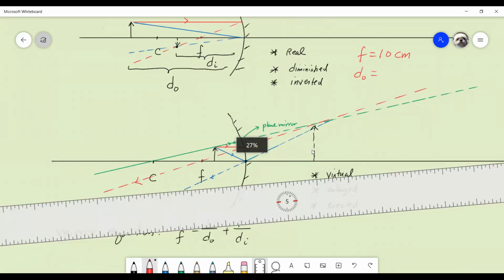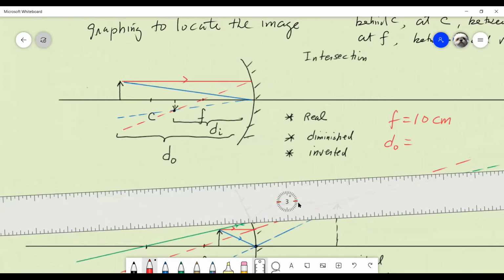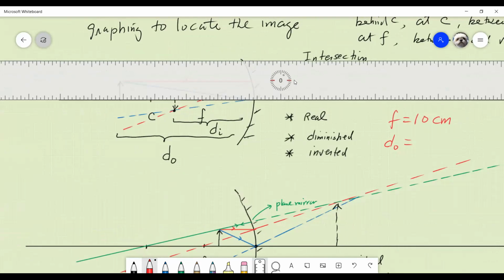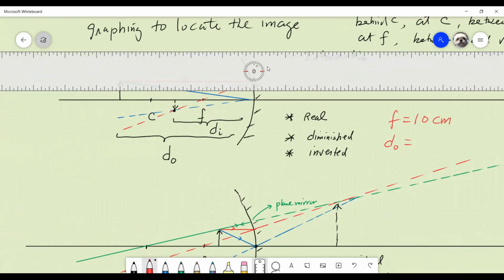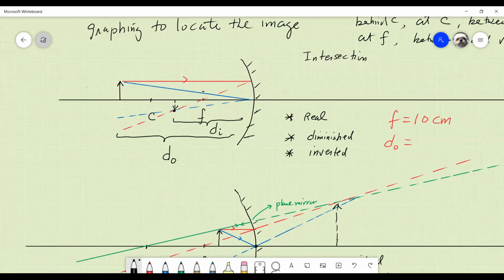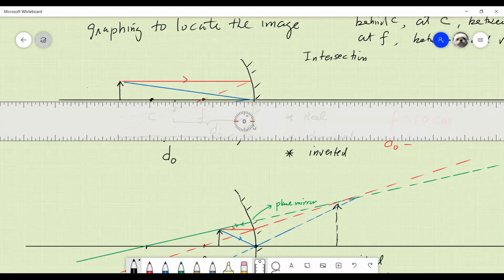I'm going to zoom in and mark this with a dot, so it's easy for us to measure. We just need an approximate number.